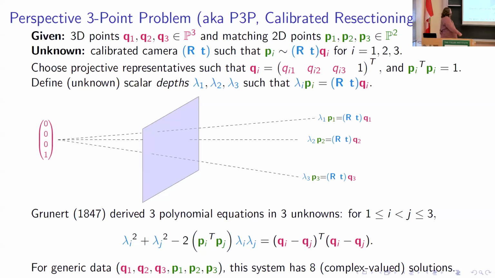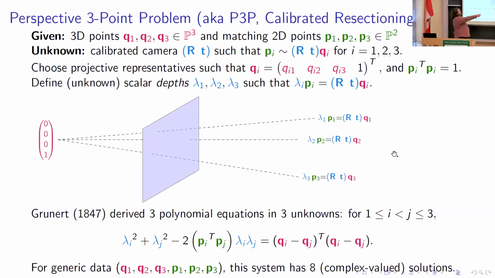And so what were the equations that Grunert wrote down? Well, I don't think he even really mentions the rotation and translation. He's just looking at this as a purely geometric problem. He's only interested in the depths. But if you want to get the equations that he wrote down, you can essentially pick any 2 pairs of rays. So let's say Q1 and Q2 both give me a ray from the camera center, and apply the law of cosines.